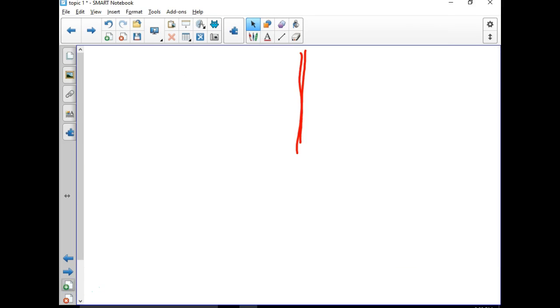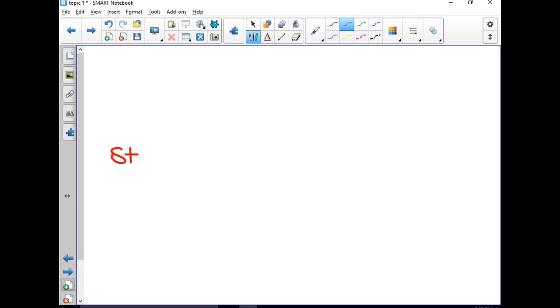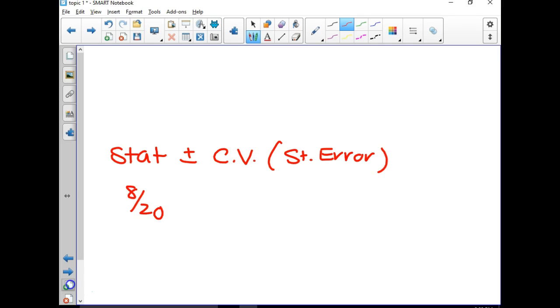Oh, okay. My interval, right? Whether it's an X bar or a P, no matter what, it's your statistic plus or minus your critical value times your standard error. Okay, so if Jackie gets 8 out of 20 and Sam, you get 11 out of 20, both your intervals are different, your upper bound and your lower bound, right?